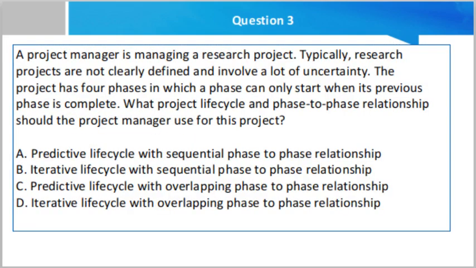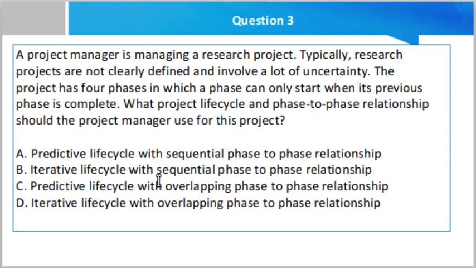Question number 3. A project manager is managing a research project. Typically, research projects are not clearly defined and involve a lot of uncertainty. The project has 4 phases, in which a phase can only start when its previous phase is completed. What project life cycle and phase-to-phase relationship should the project manager use for this project?